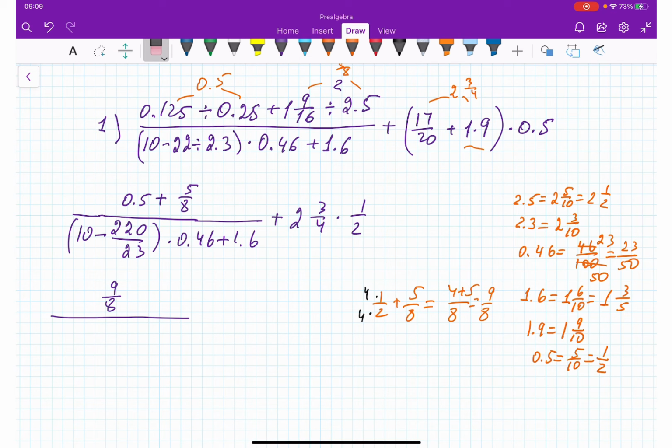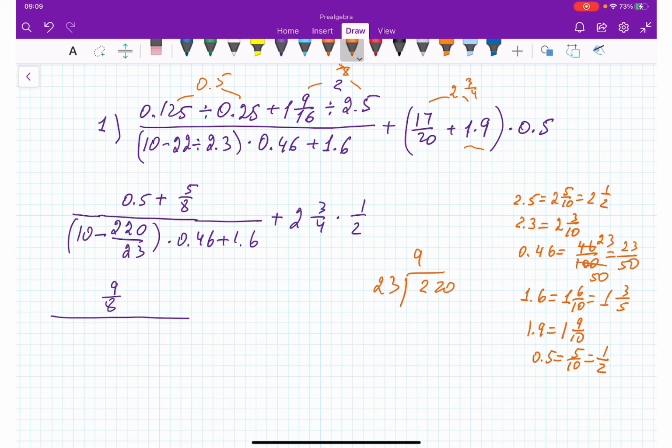Dividing. So 10 minus 220 over 23. So let's see, 220 over 23. Let's take the whole number. 220 divided by 23. How many times?